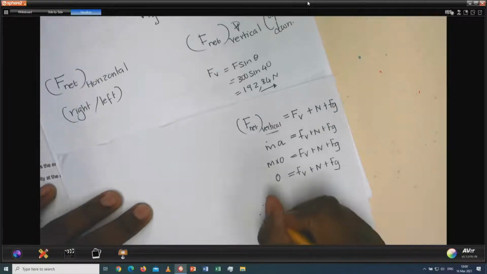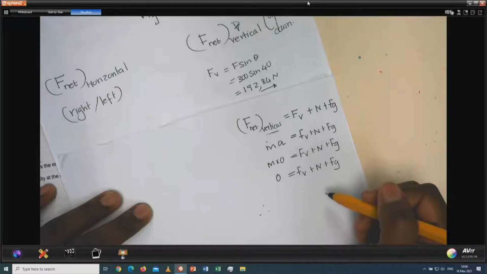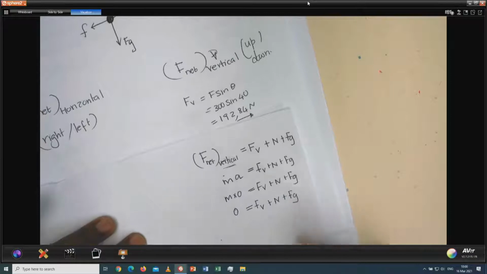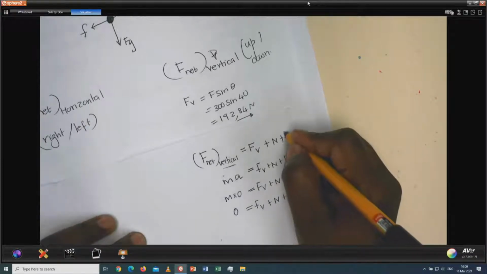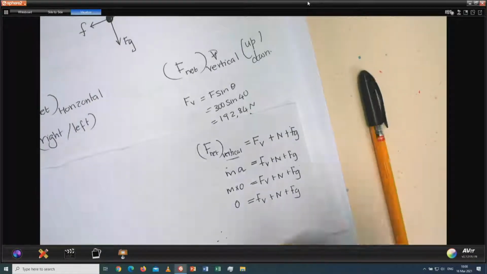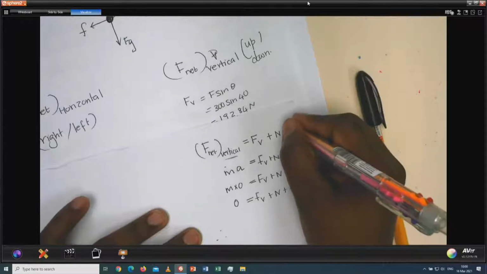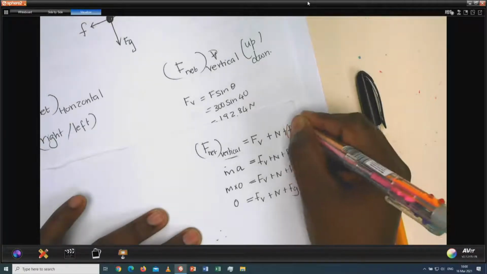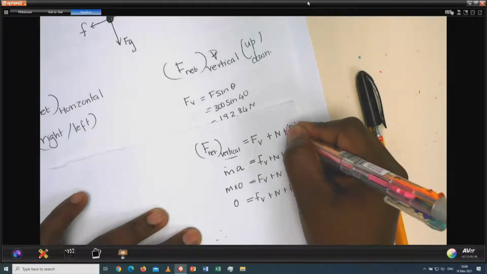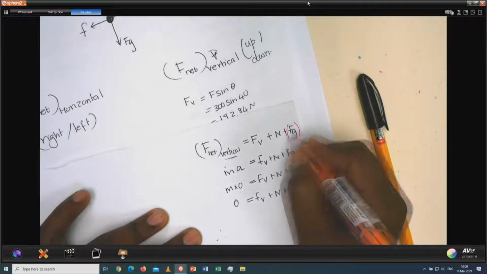And here you can just solve. I just made a small mistake here. Remember, forces are vectors and they have direction, so if the upward direction is positive, then we take the downward direction to be negative.